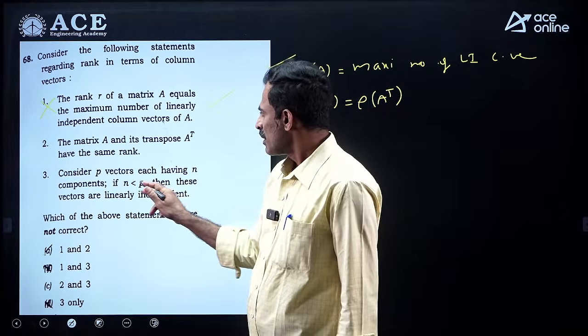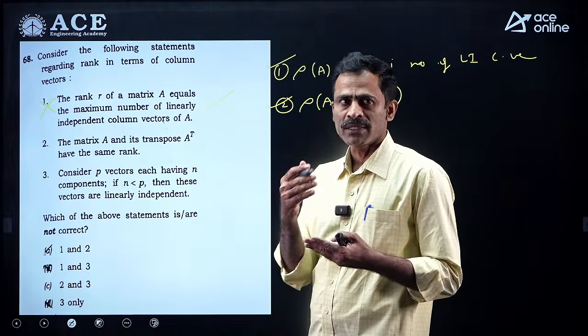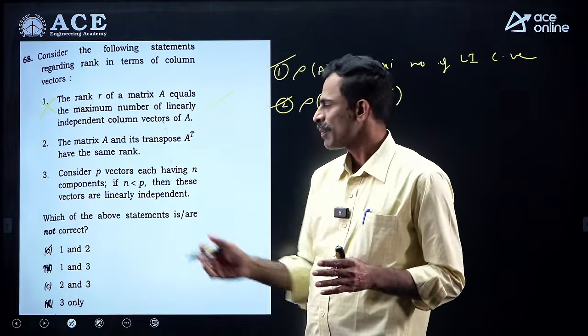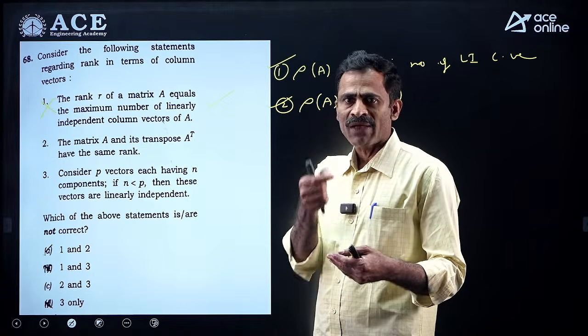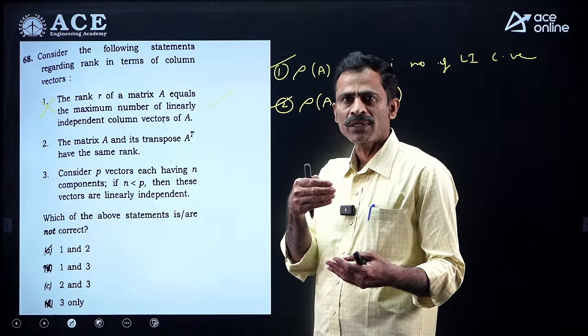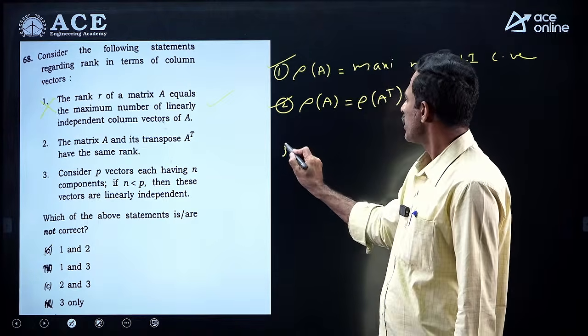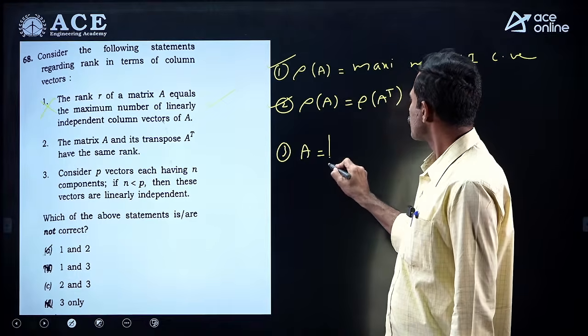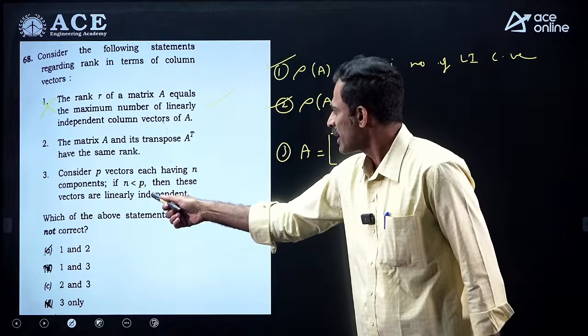Next, the last statement. Consider p vectors 1, 2, 3 and so on up to p, each having n components. Each vector has n components, meaning the vector is of order n. Let us consider the matrix A with the p vectors, and each vector is a column vector.